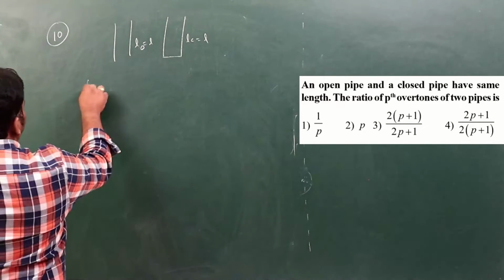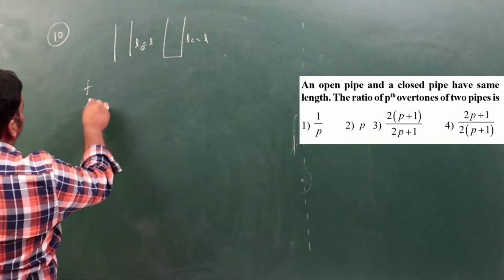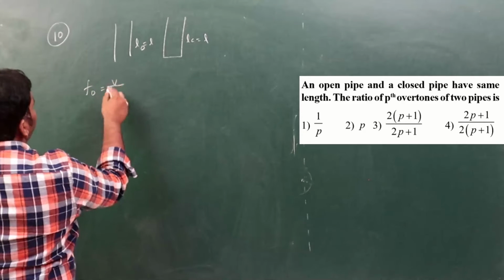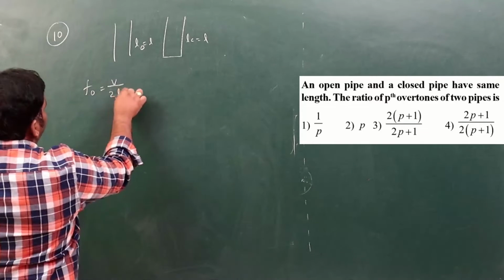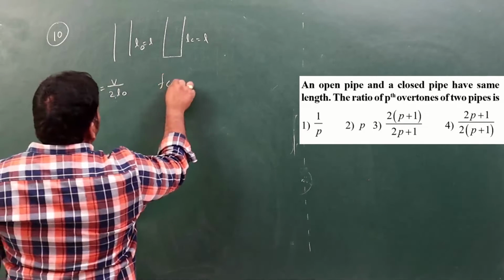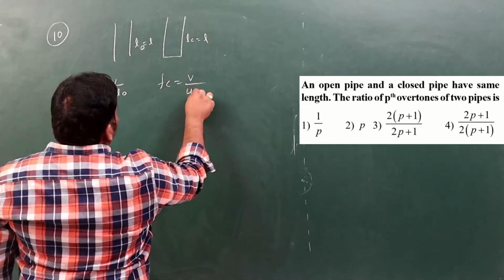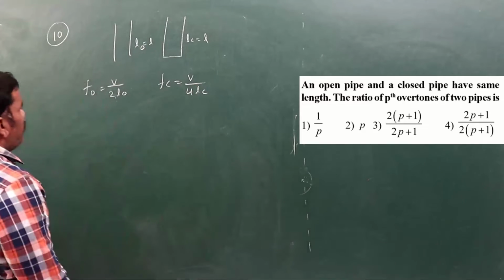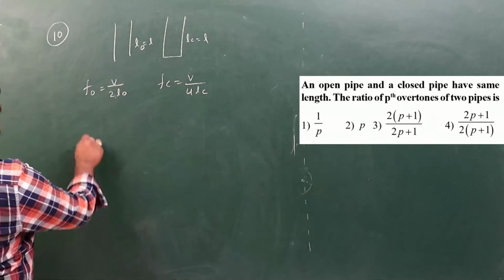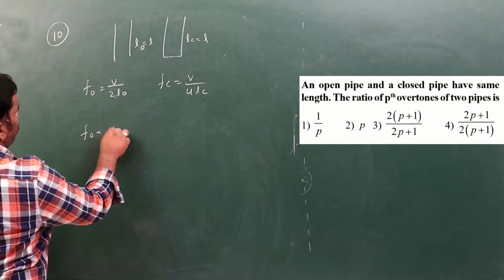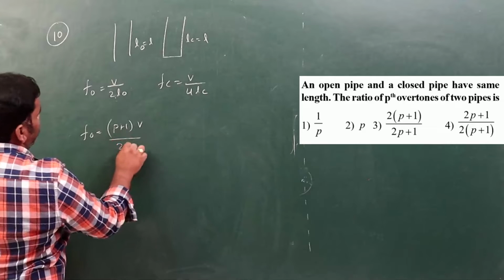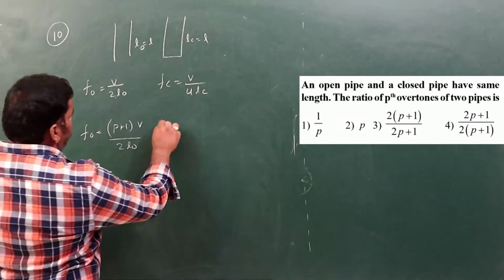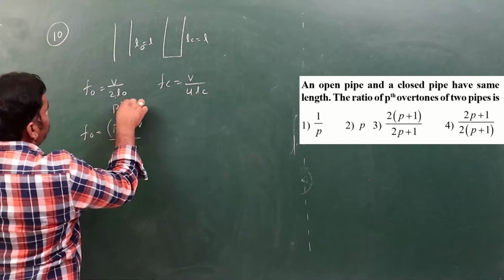So fundamental frequency of an open pipe F0 is equal to V by 2L0. For closed pipe FC is equal to V by 4LC. So pth overtone means F0 is equal to (P plus 1) into V by 2L0.